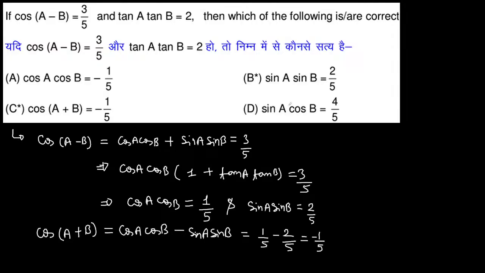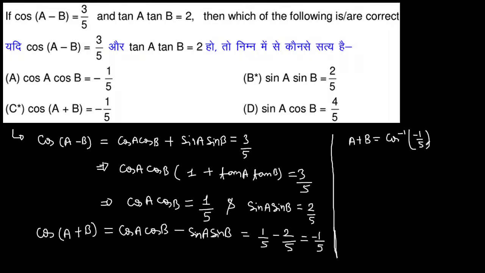For that we will have to think something different. If we go to sin(A plus B), we have to find the value of this. What will happen? A plus B will come out to be cos inverse of minus 1 by 5.